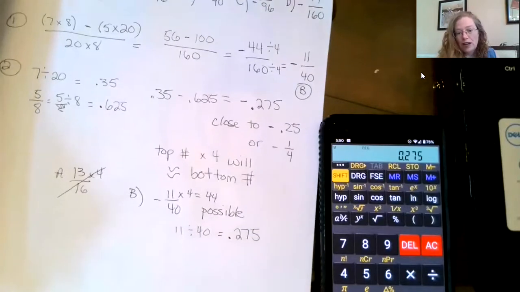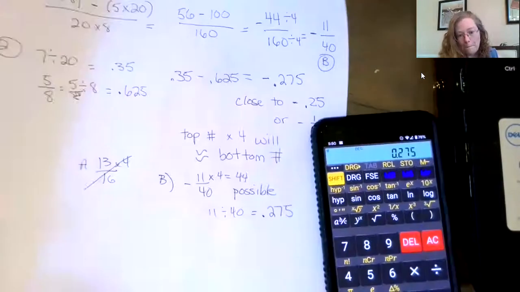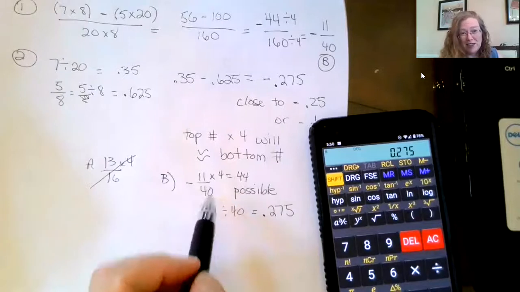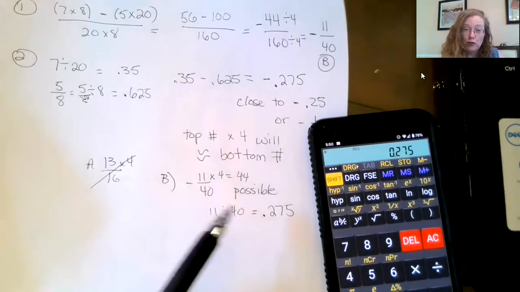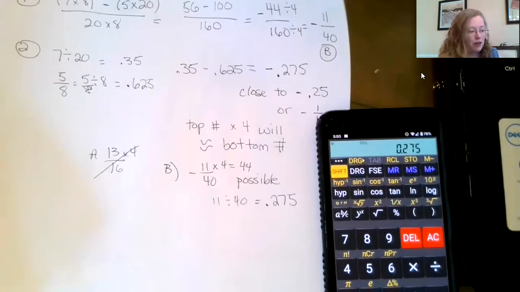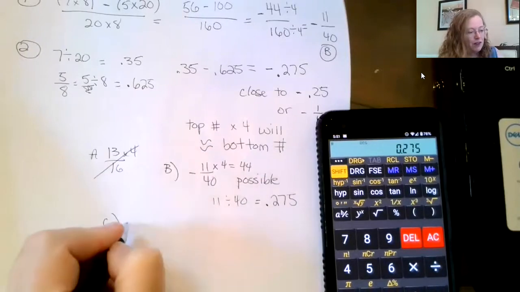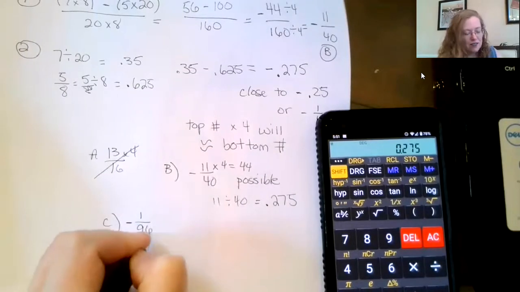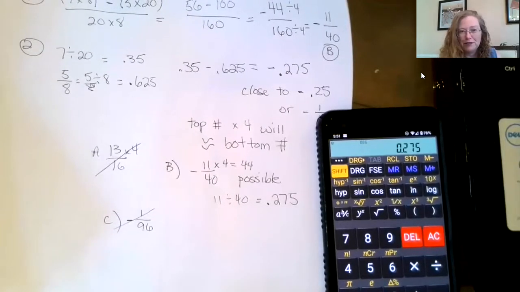So I know that's the correct answer. And I can tell that 11 over 40 is not going to simplify any further. 11 is prime, and they both won't divide by the same number to simplify. Let's say I kept going just to double check it, but negative 1 over 96, this is nowhere close to 0.275. It'll be a really, really tiny number.